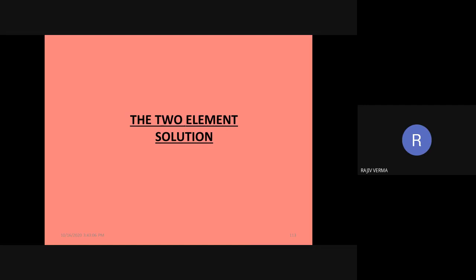And after these 2 solutions have been achieved, I'm not going to take any new lecture for 2 or 3 days maybe. Those 2 or 3 days are going to be for your revision purpose.